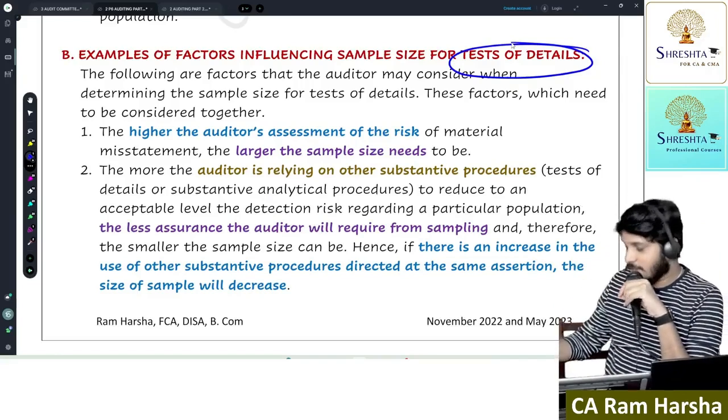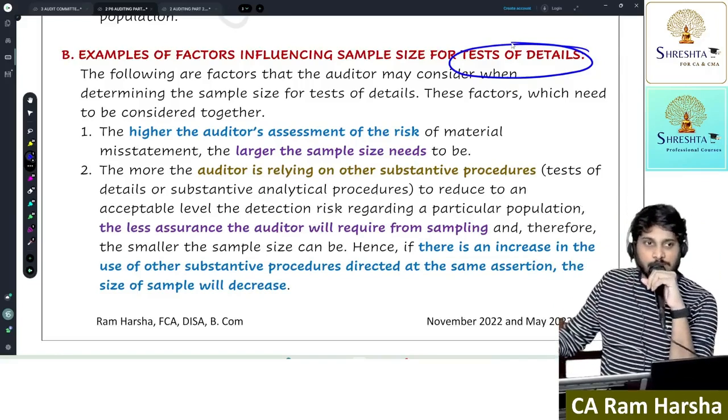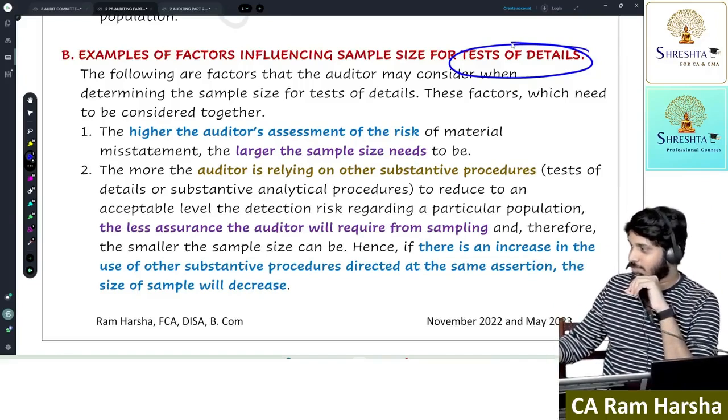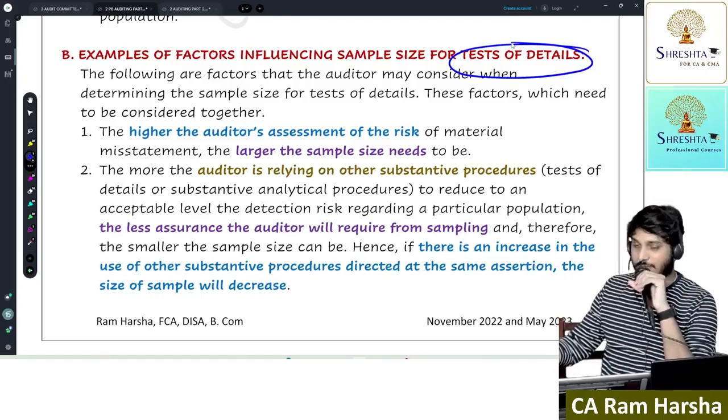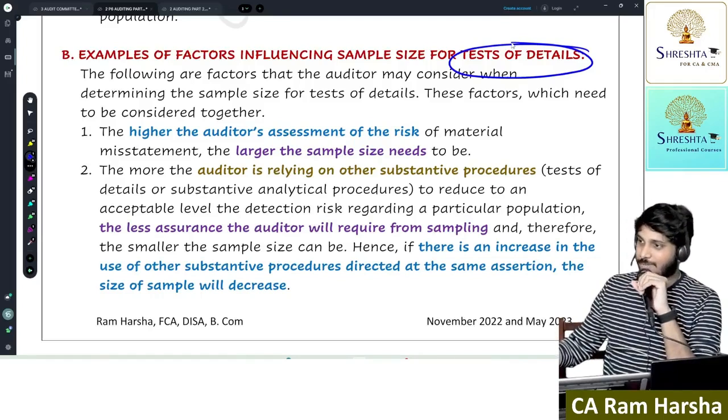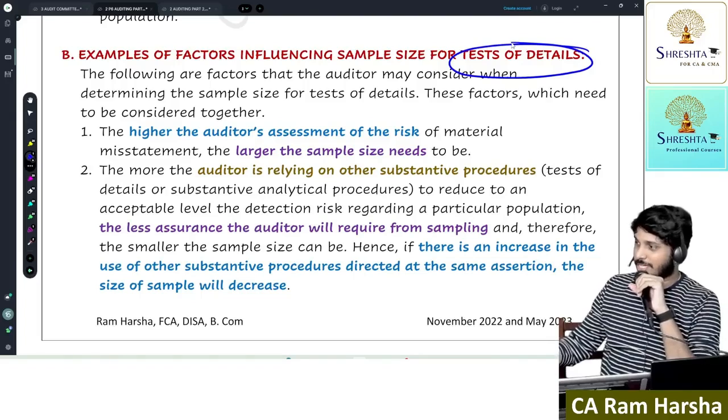Which of the following is not a factor for determining sample size in case of test of details? Option A, risk of material misstatement. Option B, projected misstatement.